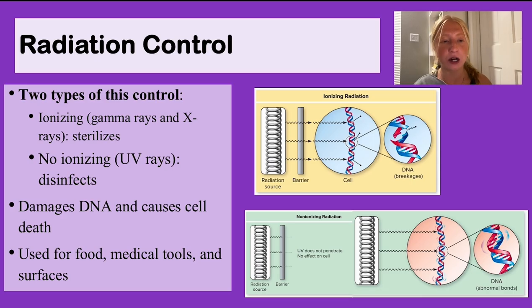But then there is non-ionizing radiation, which uses way less energy. UV light forms dimers in DNA, and it prevents replication. But the downside is that it doesn't penetrate glass or solids well, and it can also damage human tissue.